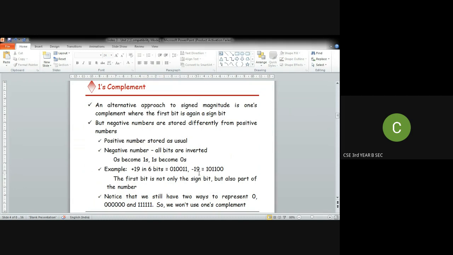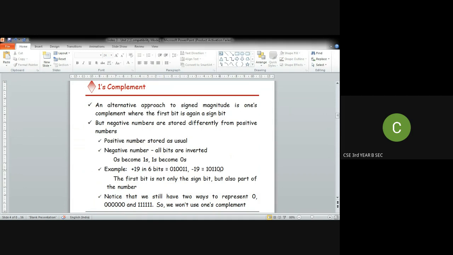For minus 19, we invert this binary representation, which means all zeros are converted to ones and all ones to zeros, giving 1 0 1 1 0 0. This represents minus 19.